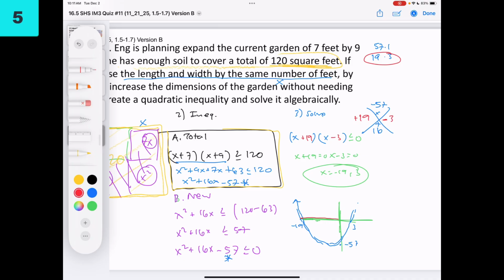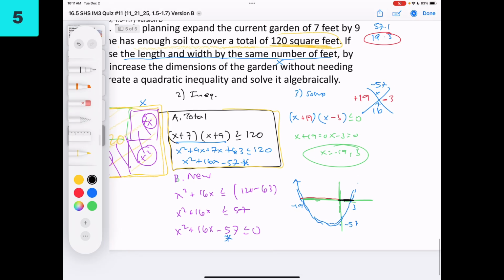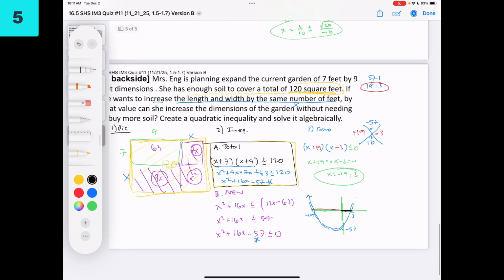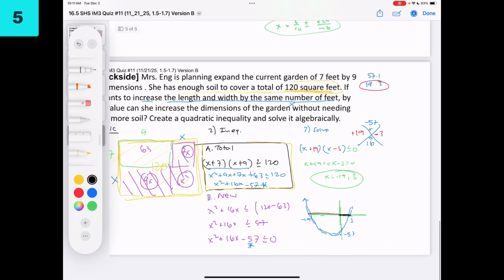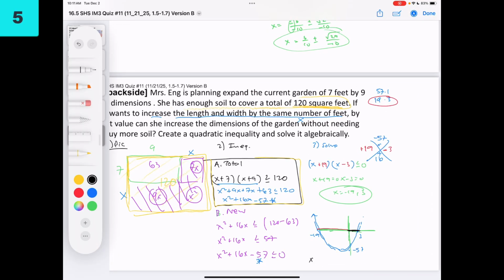You cannot increase an area by a negative, but you can increase it up to 3. So what values can x be? x can be between 0 and 3 feet.